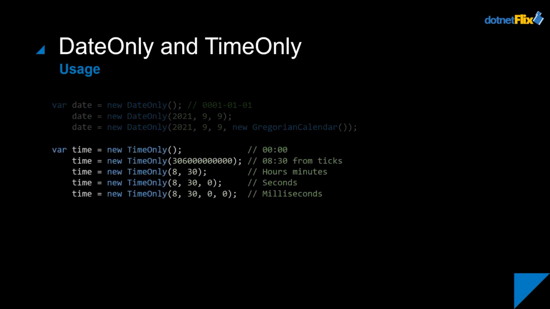For TimeOnly, there's a default constructor which initializes the TimeOnly to 12 a.m., I think I should say. And there's a constructor with which you can initialize the TimeOnly with ticks. And then the ones you would expect to initialize it with an hour and minutes, and then two more overloads in which you can specify the seconds and the milliseconds.